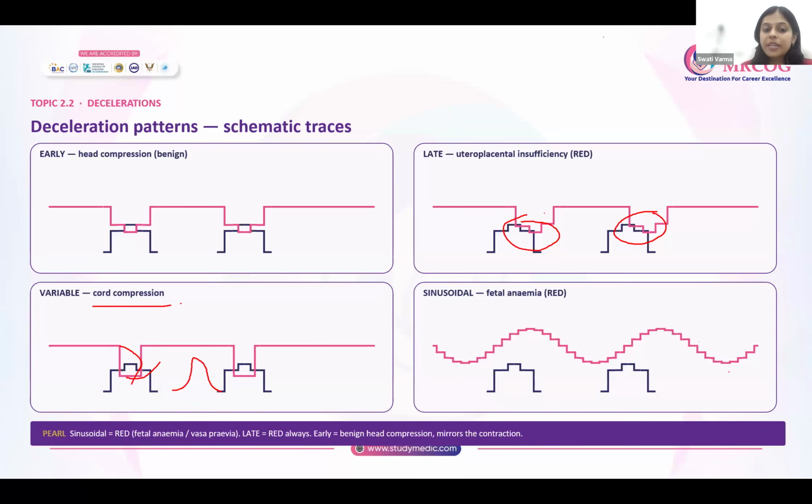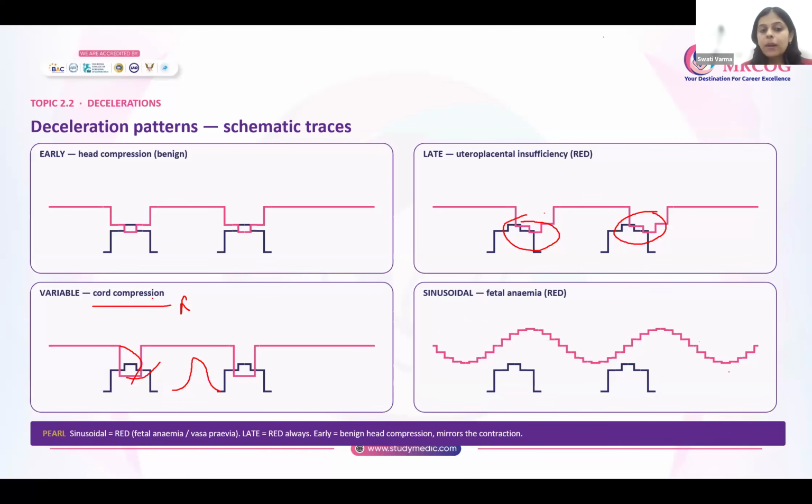That's why the word repetitive is here, that you have to count the number: if there are 5 contractions and there are 3 decelerations, that means it is repetitive, associated with more than 50% of the contractions. So always remember, early is because of head compression, late is because of uteroplacental insufficiency and always red.